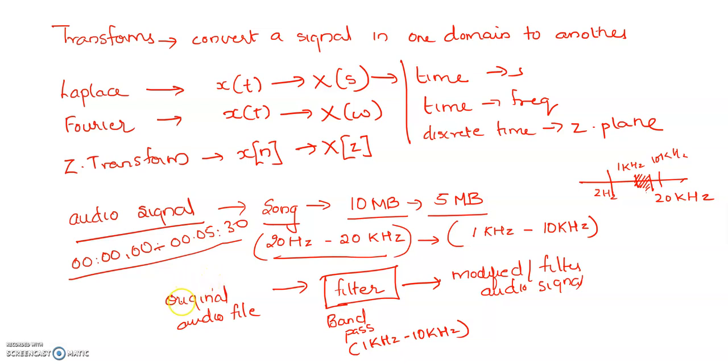So we need to transfer the signal from the time domain to the frequency domain, and you can see the application of a transform in a scenario like this. That was my point, and I just wanted to give you an example of why transforms are used.